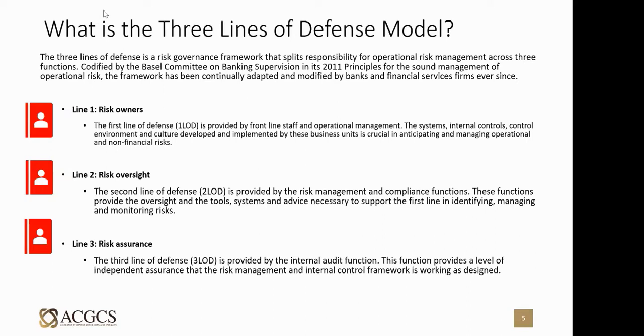Second line provides oversight, and that's where you have, for example, a bank's compliance or second line function, which is really just providing oversight and development of policies and procedures. If an institution operates in many different jurisdictions, they'll be the ones that create or provide a challenge function of different internal controls, as well as a control environment for the first line, as well as testing of some of the functions that occur in first line.